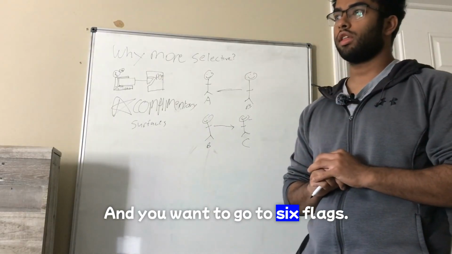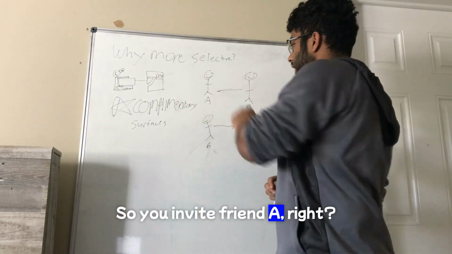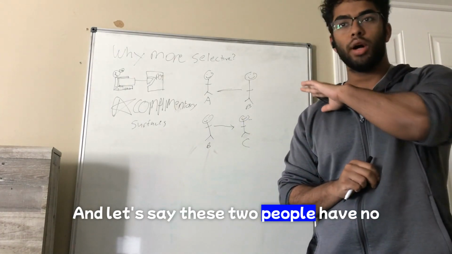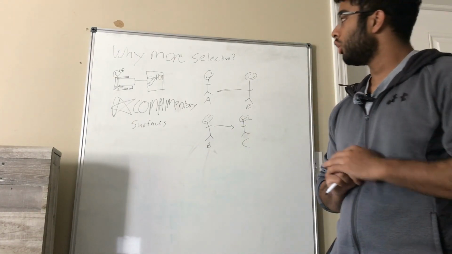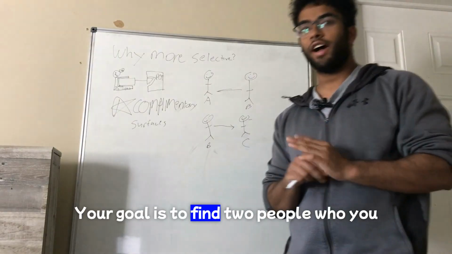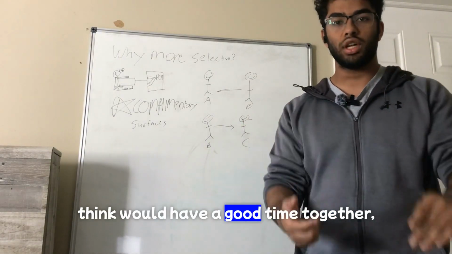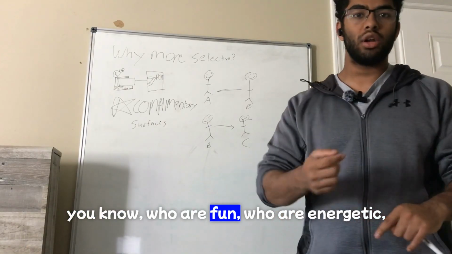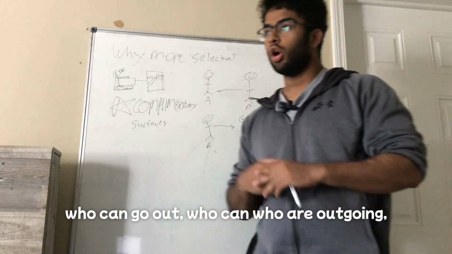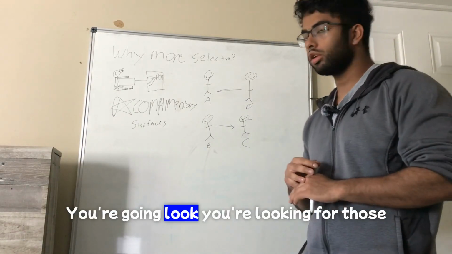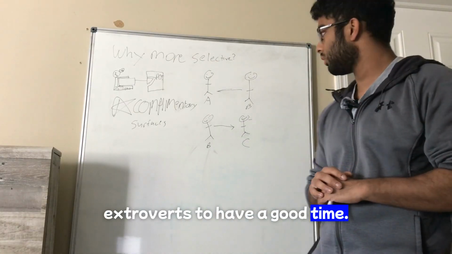And you want to go to Six Flags, so you invite friend A. You want to invite 2 people, and let's say these 2 people have no connection to each other. Your goal is to find 2 people who you think would have a good time together, who are fun, energetic, outgoing. You're looking for those extroverts to have a good time.